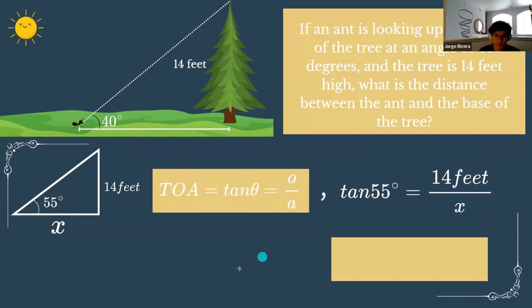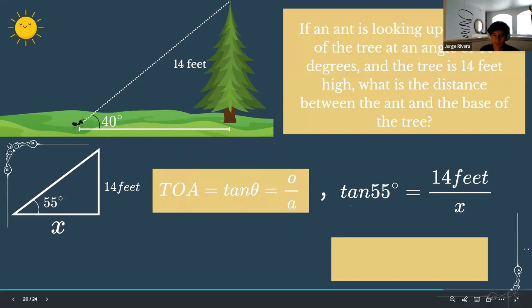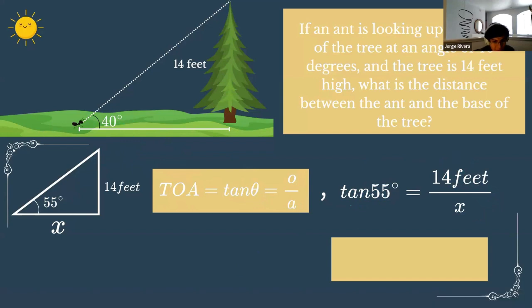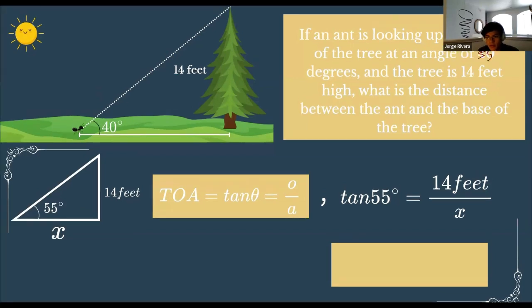Who can tell me what the next step of the operation here would be? What do you do next? Just looking at this, who can tell me what we do next? Does anyone have any suggestions on what we should do next? If you don't, you can say I don't have any suggestions.